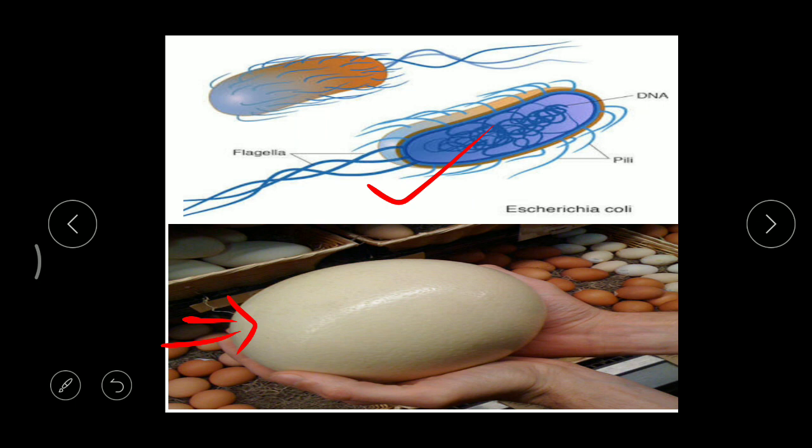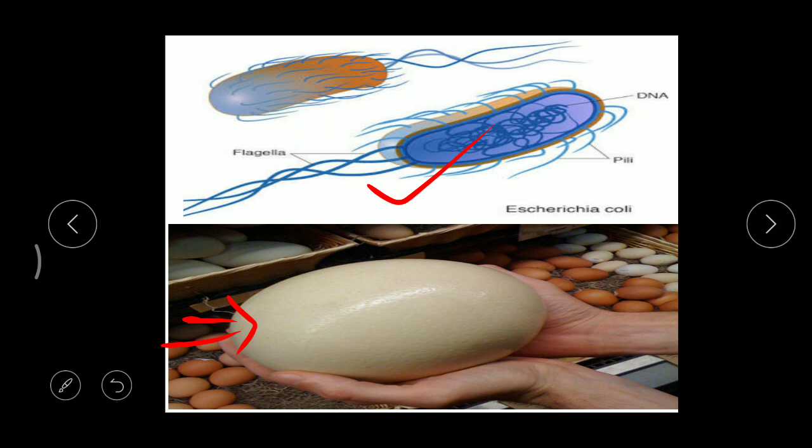Largest single cell. Why are we talking about this? See, these two are cells, but they don't have the same size. They have different sizes. Some are small and some are big, some are long and some are short.